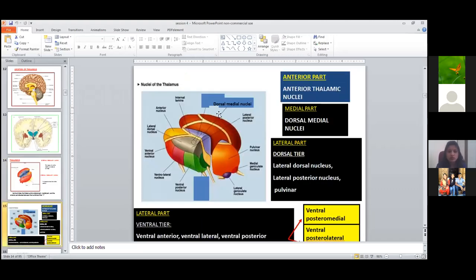This is the section of the thalamus with the nuclei. What are the nuclei? In the anterior part we have the anterior thalamic nuclei, in the medial part the dorsal medial nucleus, in the lateral part the lateral dorsal nucleus, and the ventral part is again divided into a ventromedial part and a ventrolateral part.